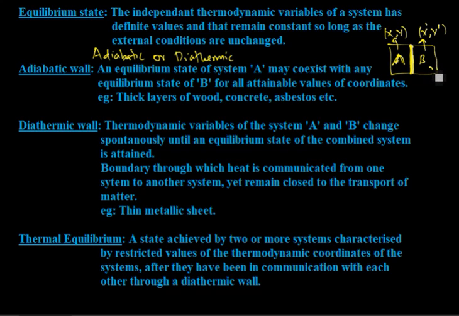Suppose the system B has been changed to some other values of x prime, y prime, which is again another equilibrium state of B, then that won't change the system A. The system will still be in the equilibrium state defined by the coordinates x and y if this wall is adiabatic. If this wall is not adiabatic, some communication will pass to the system A through this wall due to the change in the state of the system B.